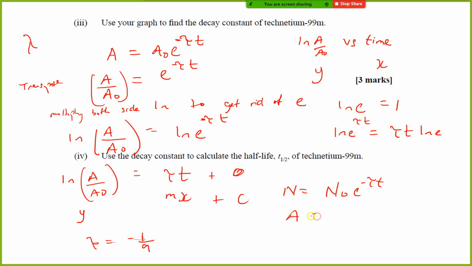And then we have another one that says A is equal to A naught e to the minus this, that. So they are the same thing. So please forgive me that I left out this minus sign, because technically this is minus right here, right? So hence how you get a positive value now for your decay constant.